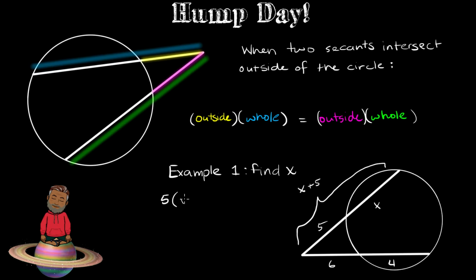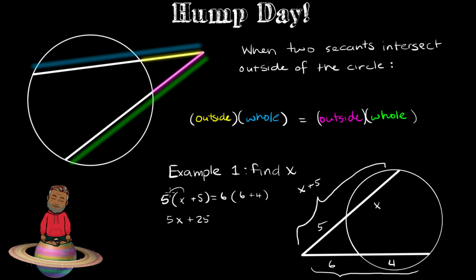So I'm going to say 5 times x plus 5 is equal to, and then I do the same exact thing down here at the bottom. I'm going to say the outside is 6 times the whole thing, which is 6 plus 4. Now we know that 6 plus 4 is 10, so we're going to say 5, distribute, 5x plus 25.